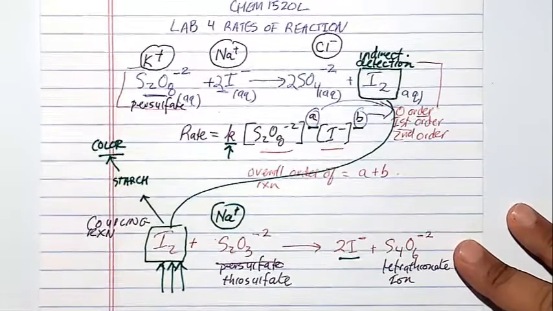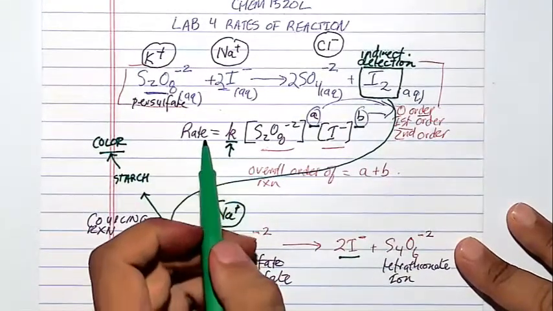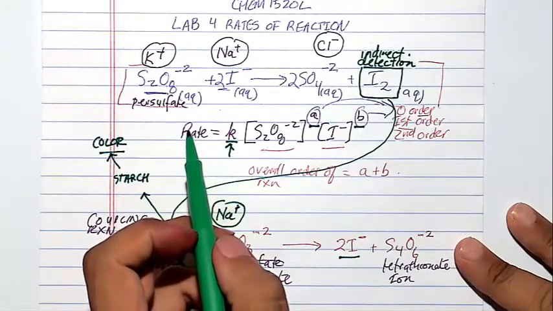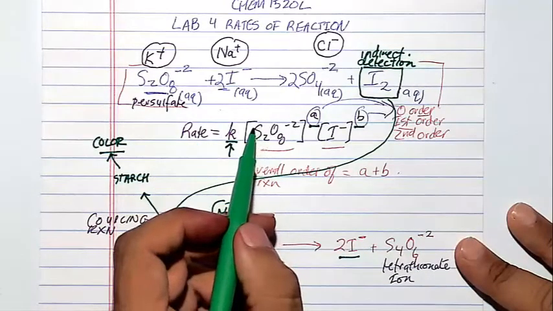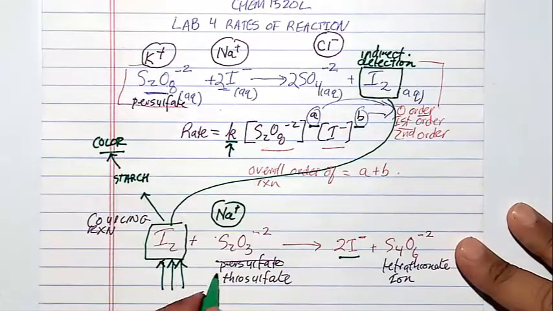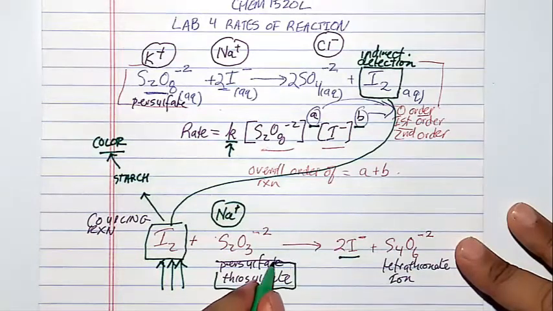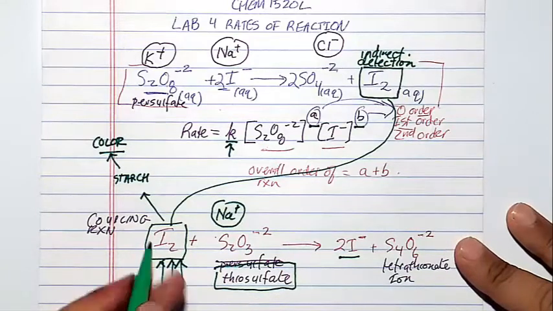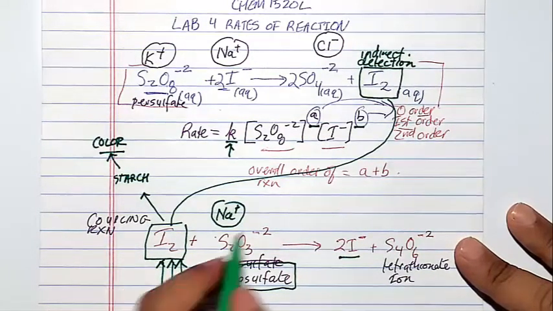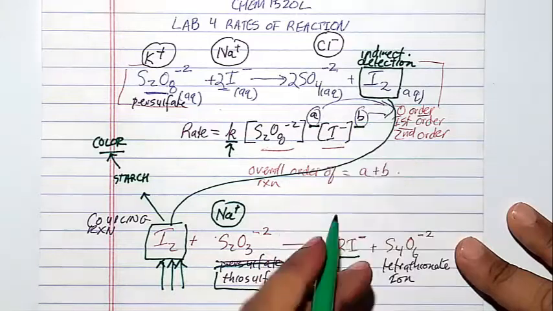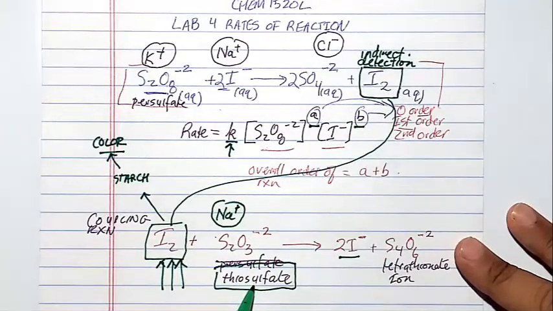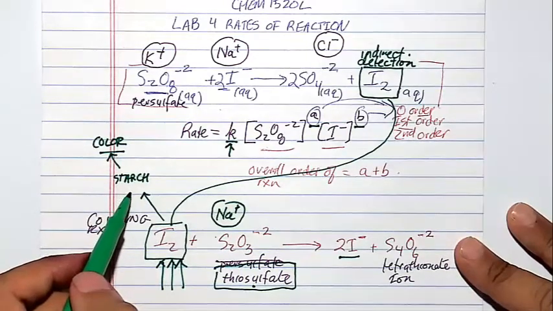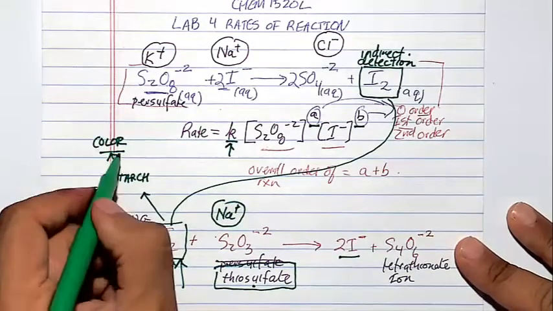So the indirect detection of this reaction, and in turn the indirect measurement of how fast this reaction proceeds, is really indirectly measured by how fast this thiosulfate disappears, which depends on how fast product I2 appears. Once I2 appears and all of the thiosulfate gets used up, the I2 builds, reacts with the starch that you also put in the test tube, and that gives you your color.